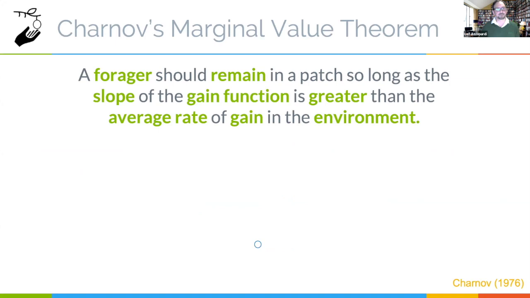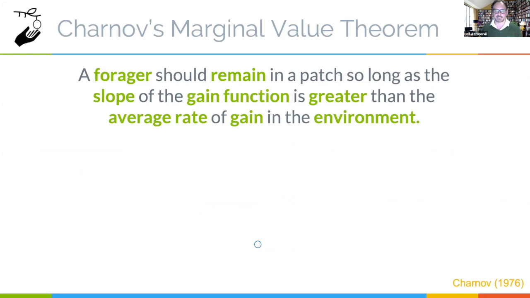Now, the idea of how long a person should spend in a particular patch, the solution to this, was proposed by Charnov with his marginal value theorem.